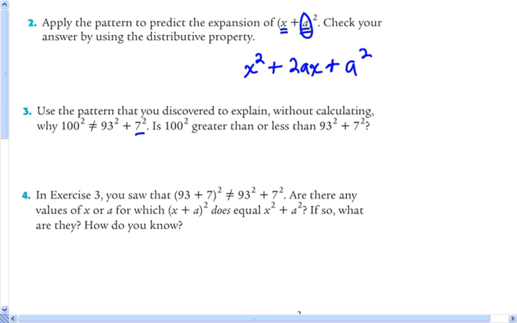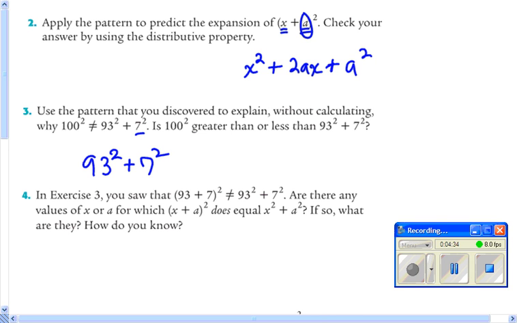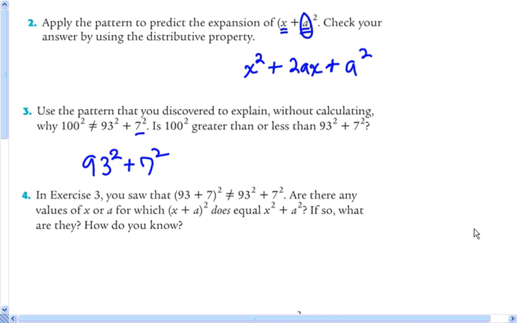So one way we can explain it is we can say that we know that 100 squared is actually, some of you probably noticed that it would be 93 plus 7 squared is the same as that.